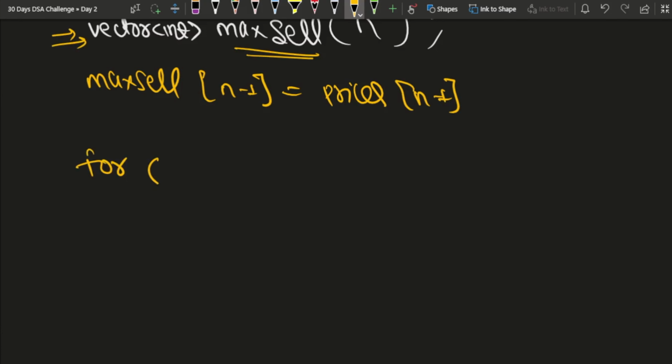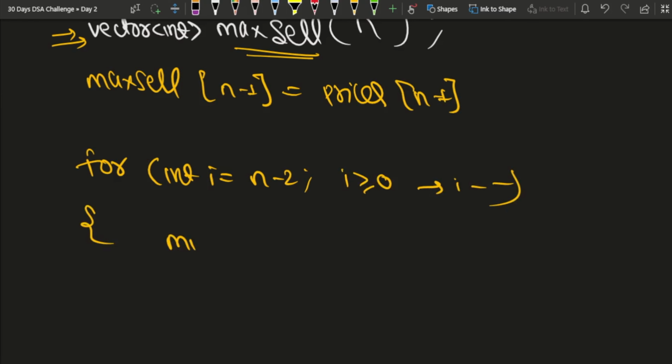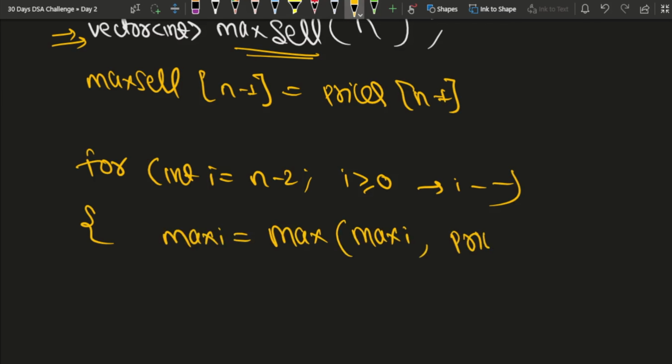So we will run a loop from int i equal to n minus 2, i greater than or equal to 0, and then i minus minus, correct? What I'll do is write maxi is equal to maximum of maxi and prices of this i, right?